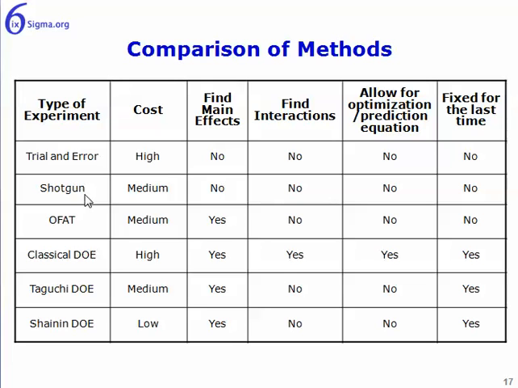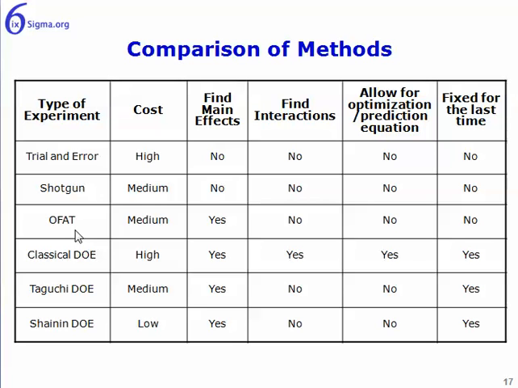Next we have shotgun. So this shotgun is where we're changing a lot of things at once, and so while the cost may be a little bit lower, still there's really no opportunity for the process improvement professional or the belt to really discover what it is it's telling us. OFAT, or one factor at a time, tends to be the logical tool of use when no training has been given in design of experiments methods.